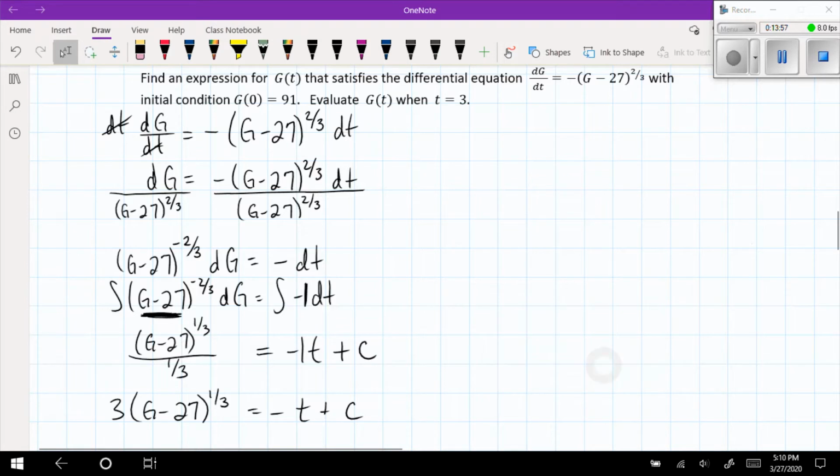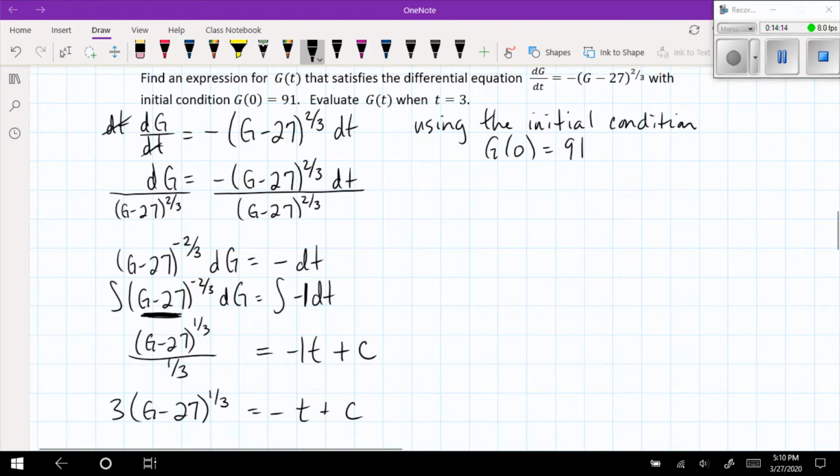So what is my condition, my initial condition here? Using the initial condition that g of 0 equals 91. That means that when t is 0, my g is 91. So let's take this function that we found here by integrating.